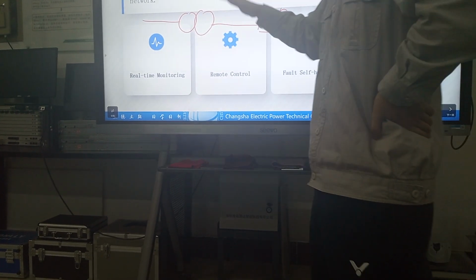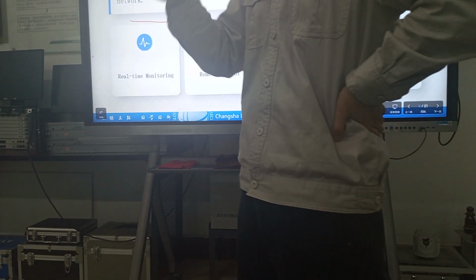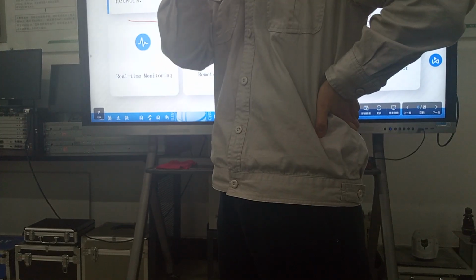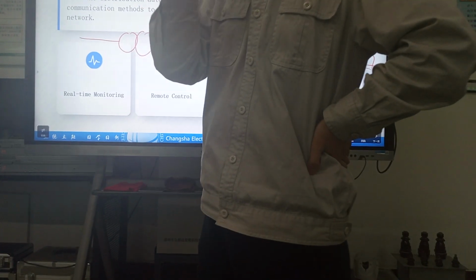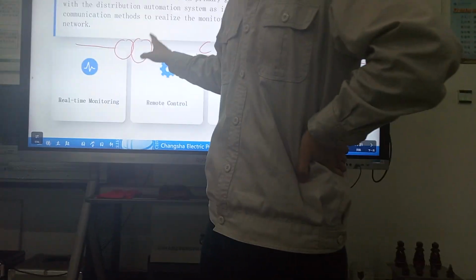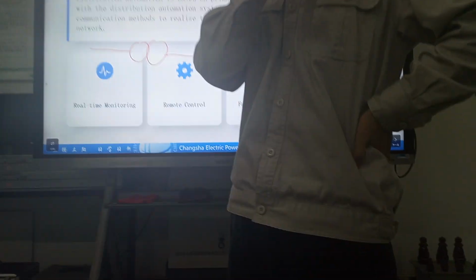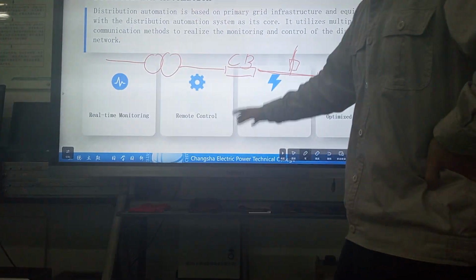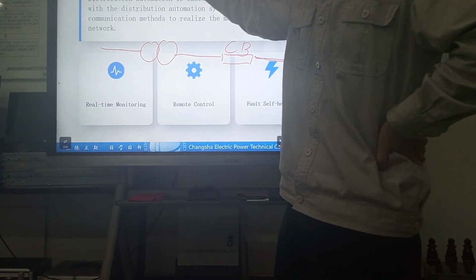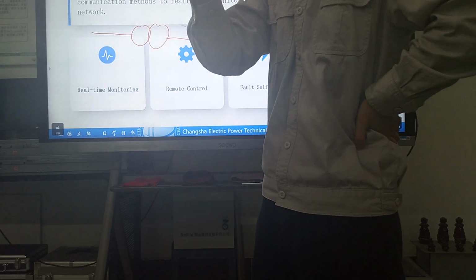When the voltage level is lower, the number of kinds of faults that might occur in the distribution network is less. When the voltage level goes higher, the more complicated the situation might be.